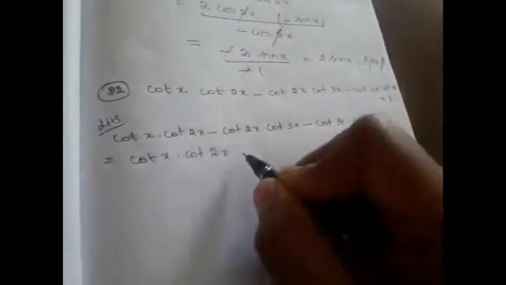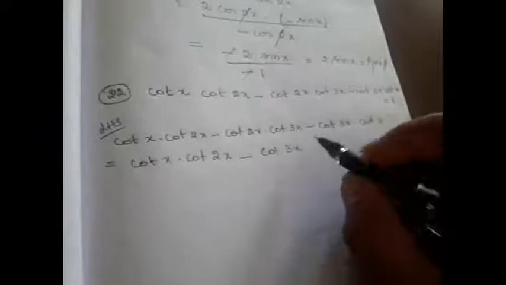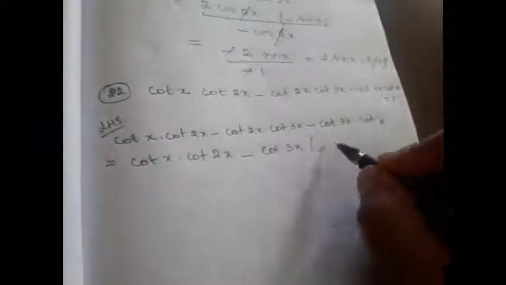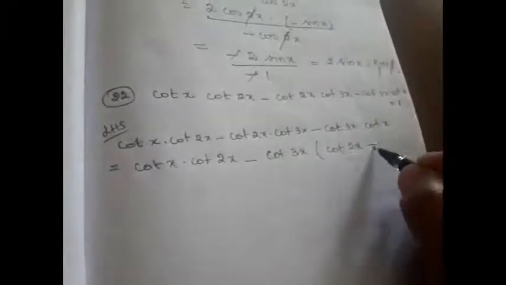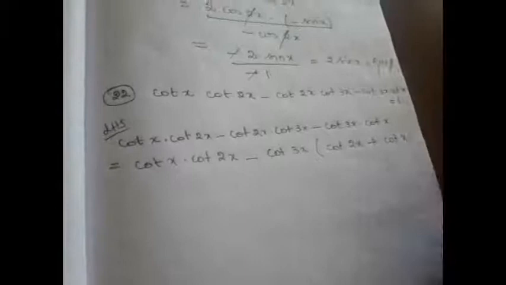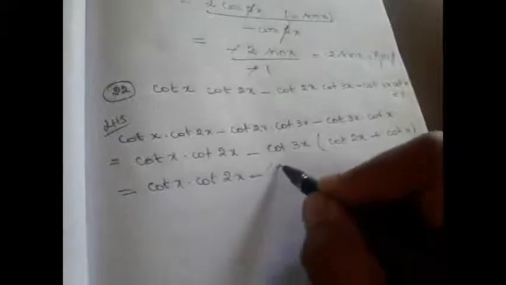So you will get cot x into cot 2x minus cot 3x. If we take it as common from these two terms, what will we be left with? Cot 2x, and this minus will become plus cot x. So which is equal to cot x into cot 2x minus cot 3x.